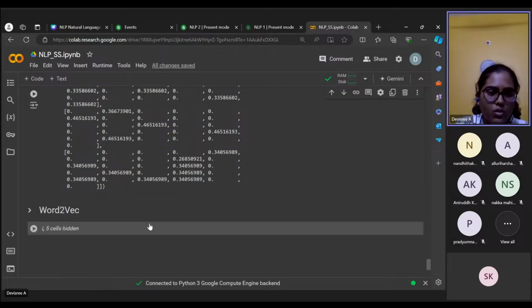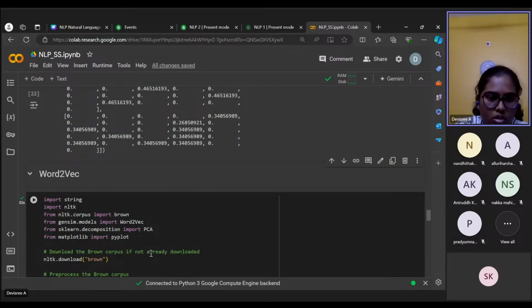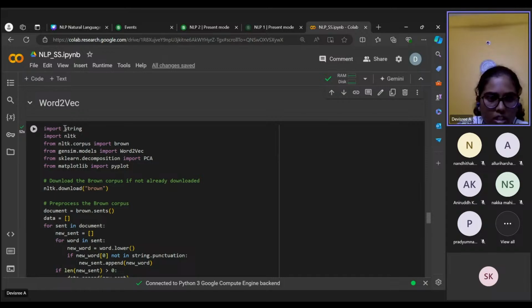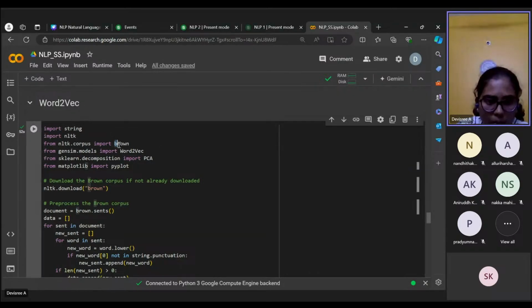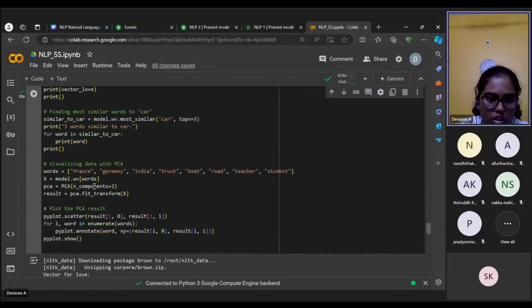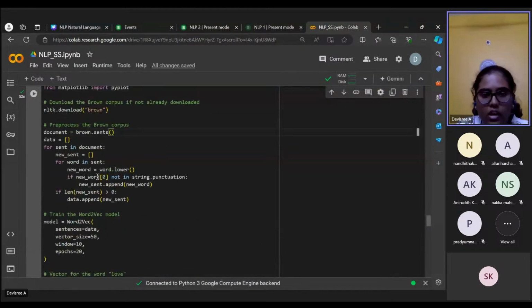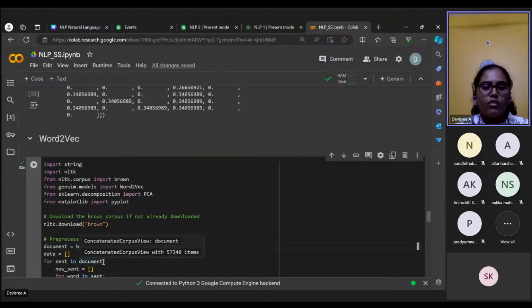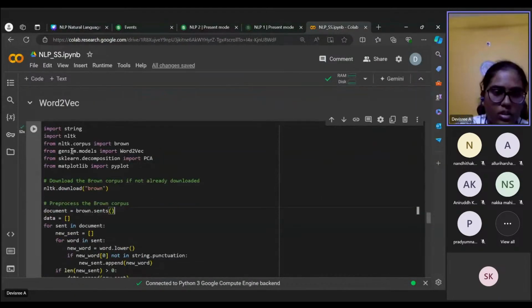Okay, next is word2vec, the most interesting one. Here we import the necessary libraries. We import string, nltk. We import brown. Brown contains data, the data which we can download and use, which is already trained on word embeddings, which we can use for plotting and understanding the concepts.